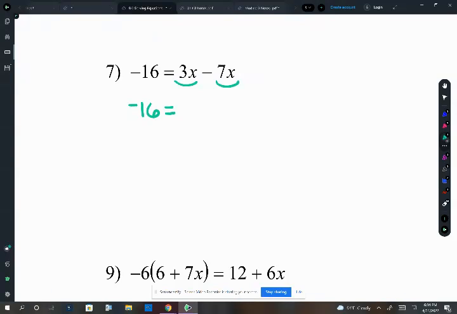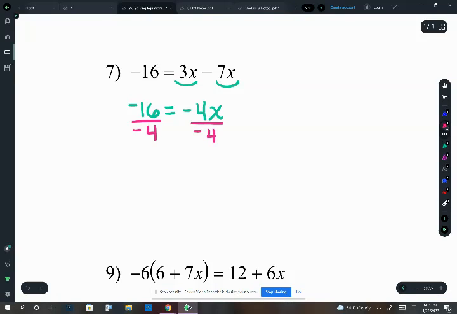So it says 3 subtract 7, which is negative 4. And the x is just going to get tagged on. And now when we look at it, they're connected through multiply, so we undo it by divide. And I think that's where some of you guys are struggling a little bit. Remember that if it's on the same side of the equal sign, we're not doing the opposite. We do exactly what it tells us to do. And so this is going to give us 4 is equal to x.